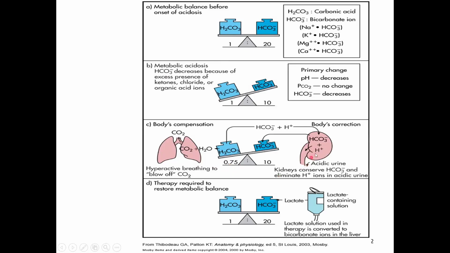On the other hand, kidneys also try hard to conserve bicarbonate and release hydrogen ion in acidic urine. Again, the therapy is lactate solution to normalize and produce bicarbonate ions. So after treatment, you can see the ratio between carbonic acid and bicarbonate comes to normal values.